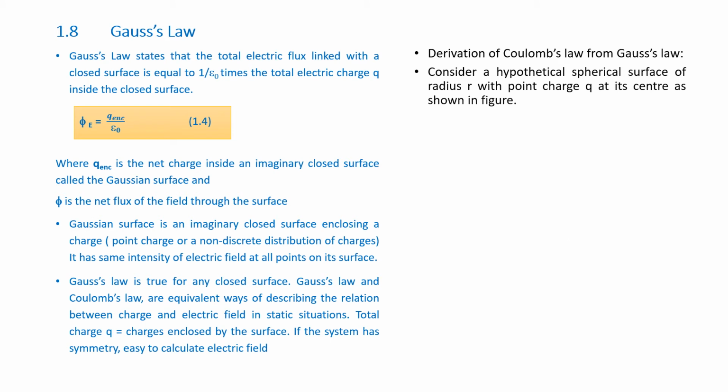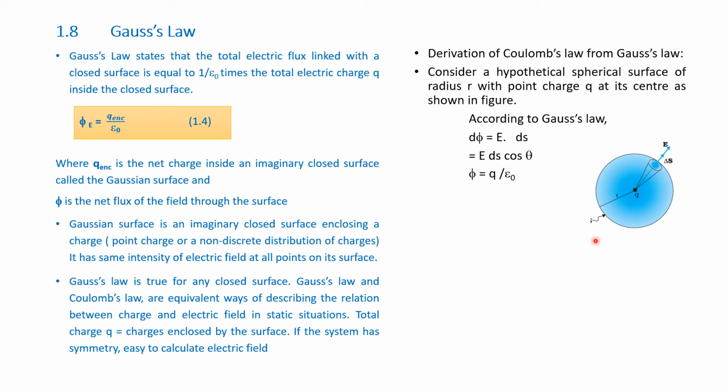Consider a hypothetical spherical surface of radius r with charge q at its center, as shown in the figure. This is the spherical surface, and its radius is r, with point charge q at its center.